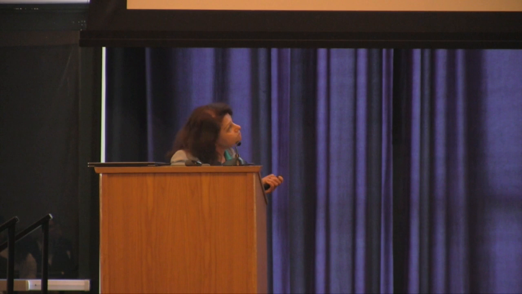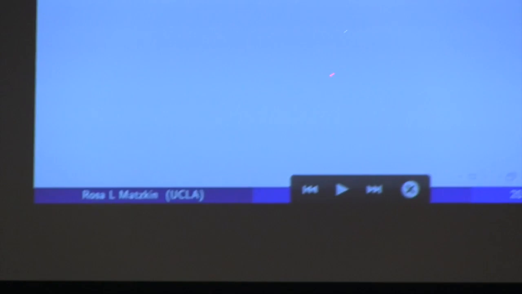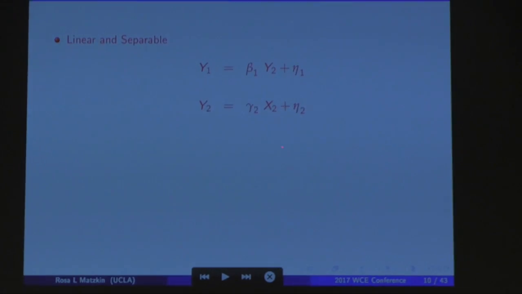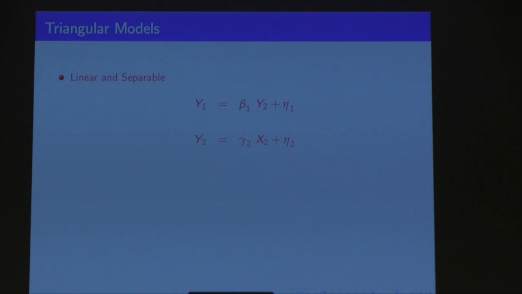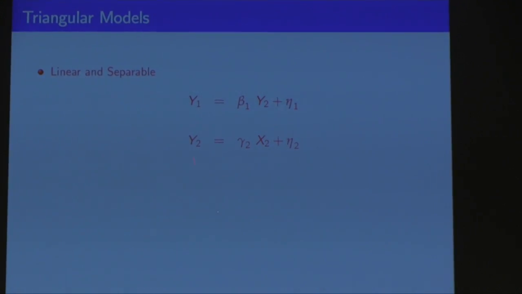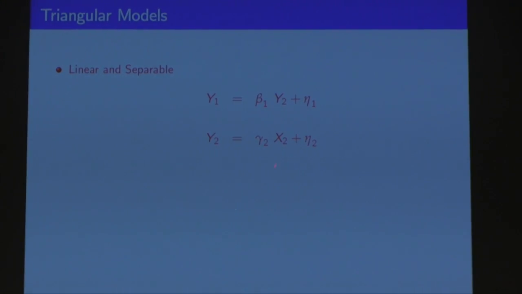Well, the standard approach is to look for what we call an instrument, this X2. That will be, for example, distance to school, something exogenous that makes people differentiate. People with the same observables will choose different Y2s. So let's say that this is cost of education.